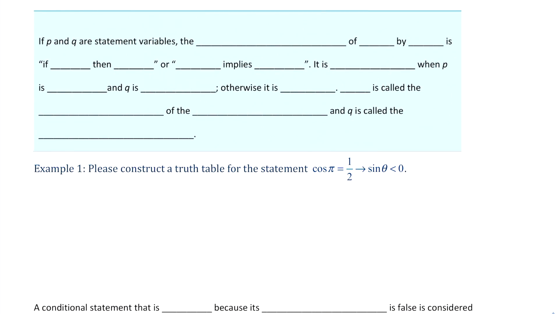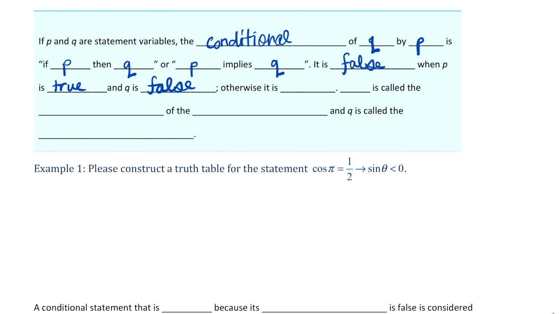Okay, if P and Q are statement variables, the conditional of Q by P is if P, then Q, or P implies Q. It is false when P is true and Q is false.